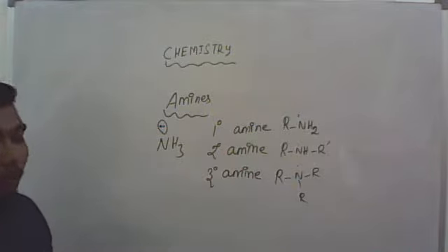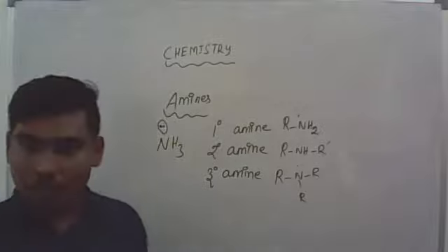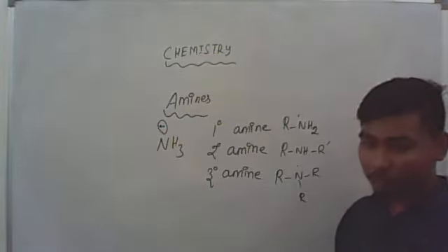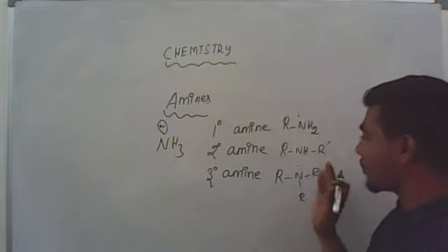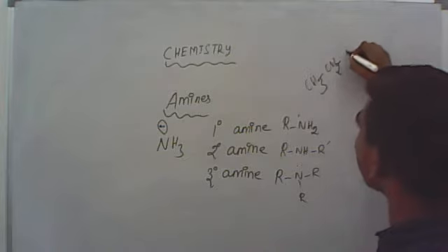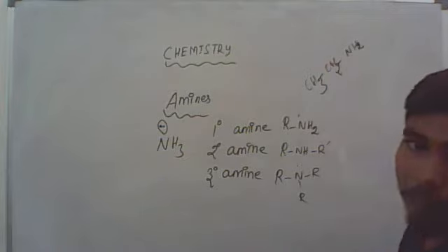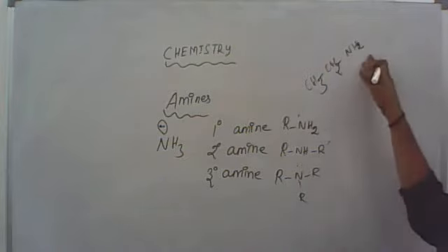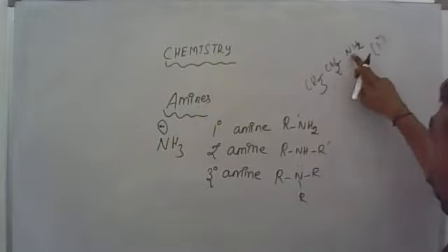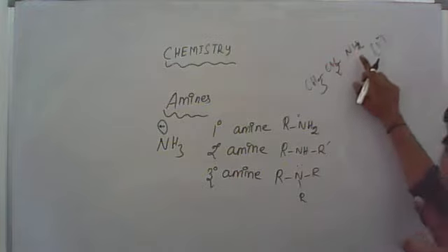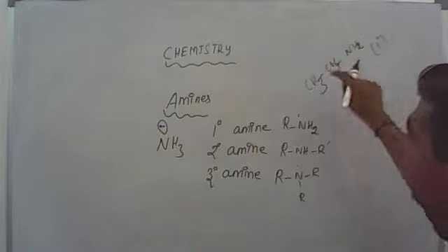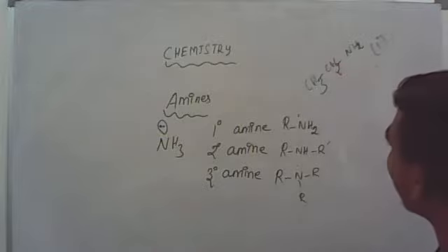And we have discussed IUPAC names, the nomenclature of IUPAC names, how to give the IUPAC name for amines. I'm going to take an example here. CH3 CH2 NH2. This is an example of a primary amine. Why? Because out of three hydrogens in ammonia, only one hydrogen is replaced by the ethyl group. How to give the IUPAC name for this compound?